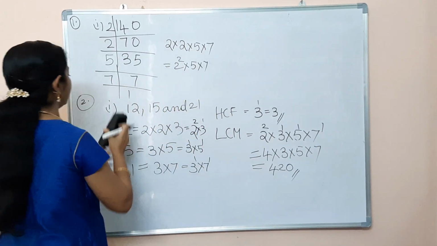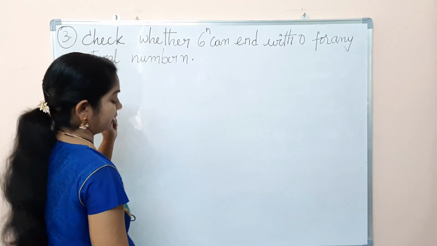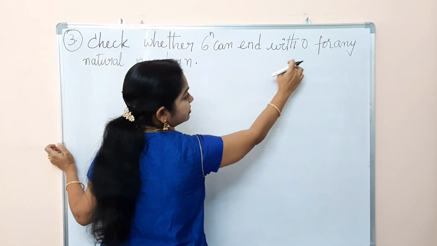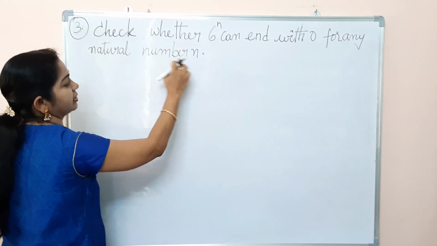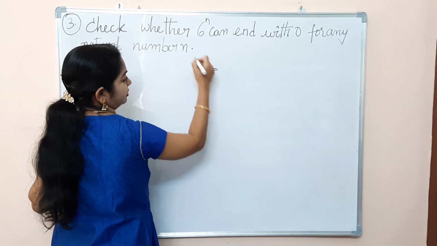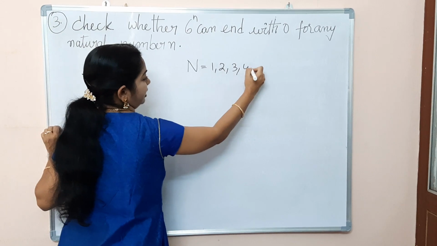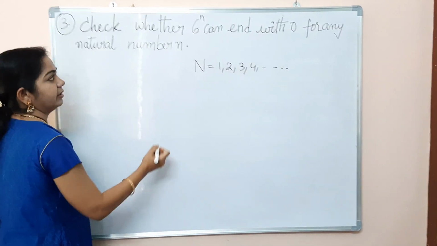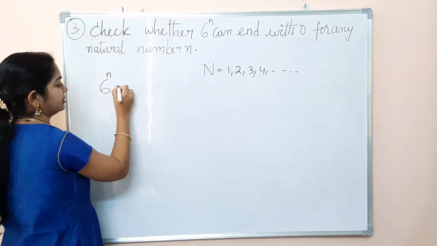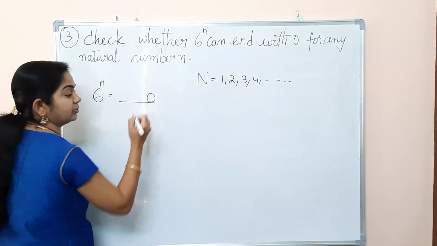Okay, let's see another problem. There's a problem in the exercise. Check whether 6 to the power of n can end with 0 for any natural number n. So any natural number you can take for the number 6 to the power of n, so that this number has 0 in the units place.